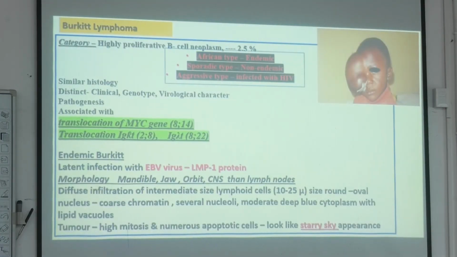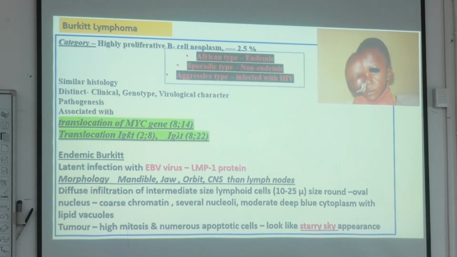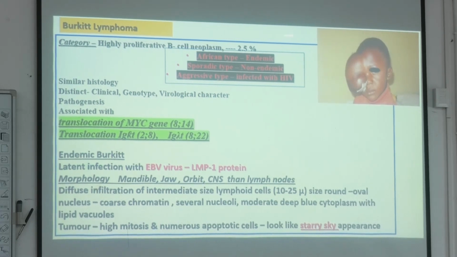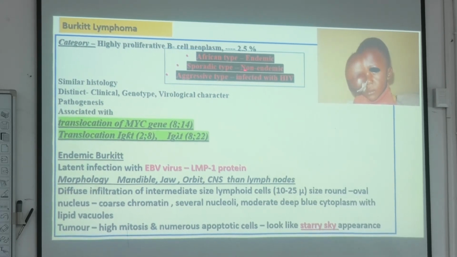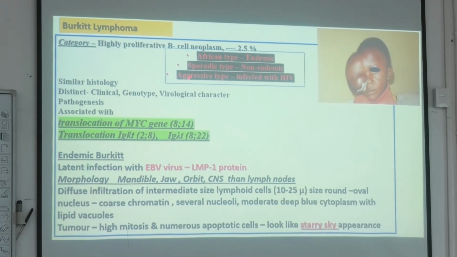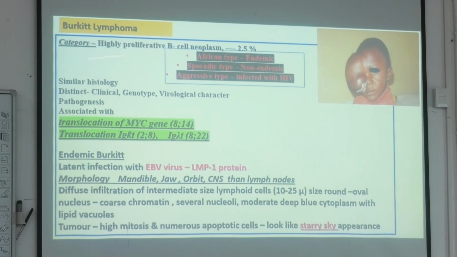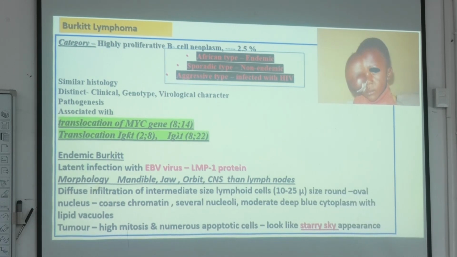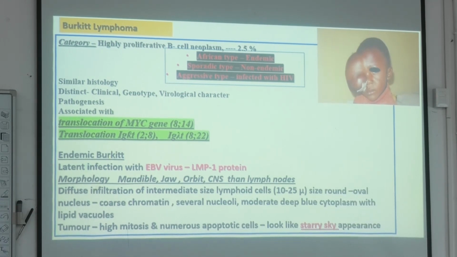Now another thing is Burkitt lymphoma. You have to know for exam purpose, sometimes they ask as MCQ, this is a highly proliferative B-cell neoplasm, only 2.5%. There are different types: African type, sporadic type, and aggressive type. African type Burkitt lymphoma is usually in an endemic area, but the sporadic type is in a non-endemic area.